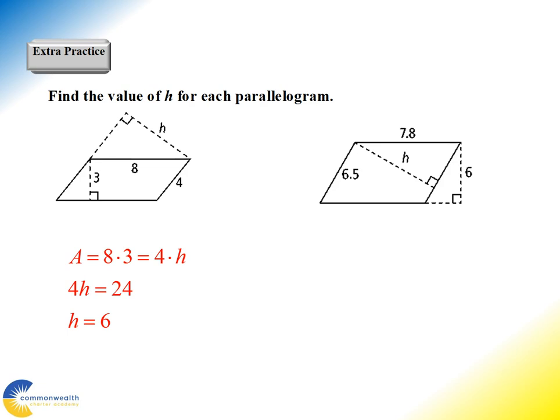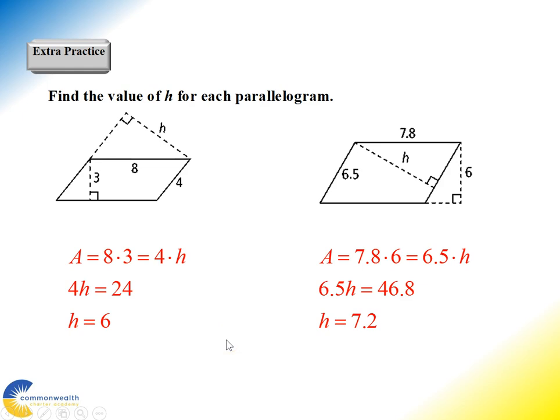So again, I have enough to compute the area. The area would be 7.8 times 6, but that should be the same result as if I would do 6.5 times h. So that means that 6.5 times h would be 46.8, because that's the result of 7.8 times 6. If I divide both sides by 6.5, I would get that h equals 7.2 units.